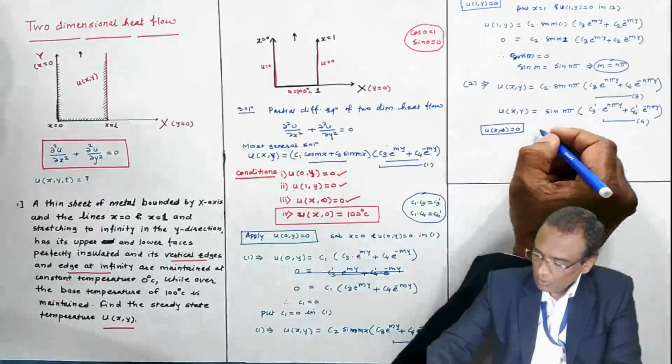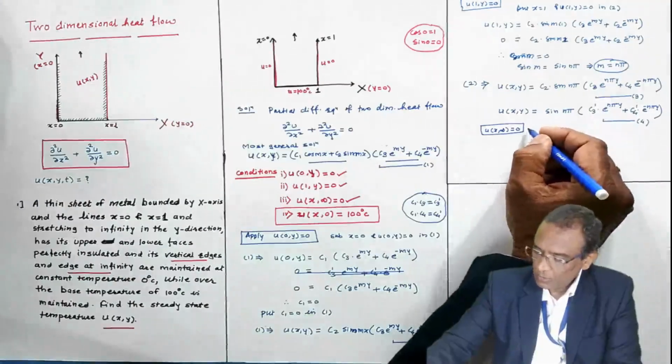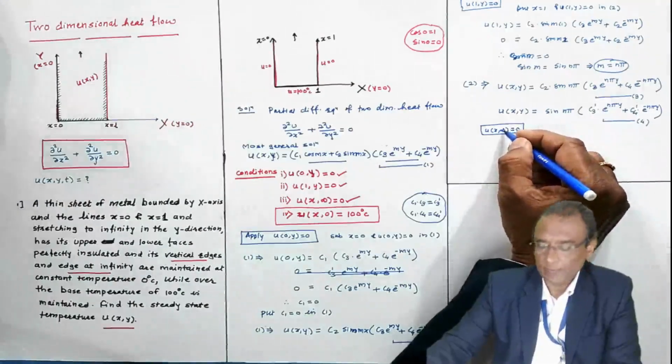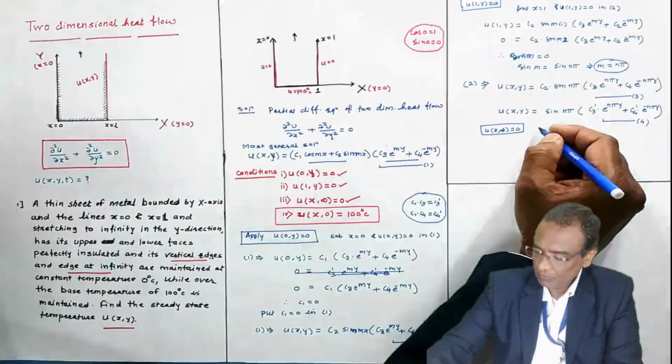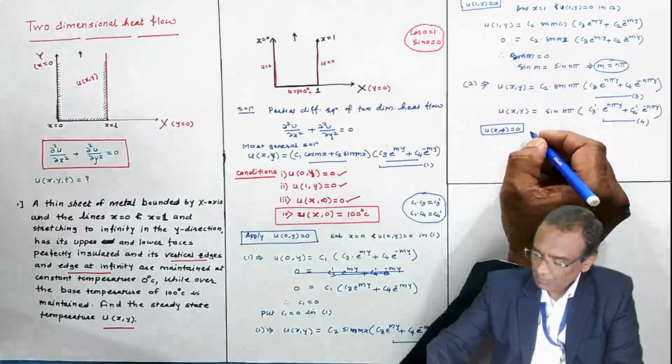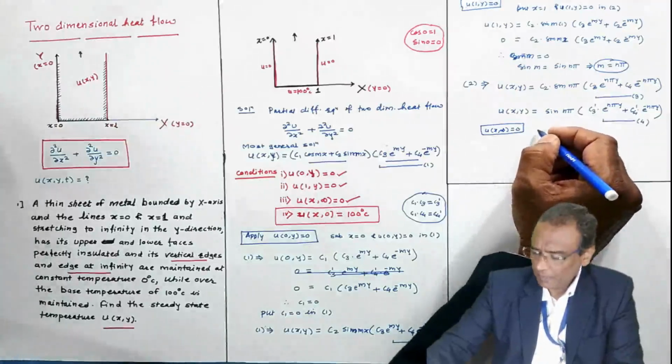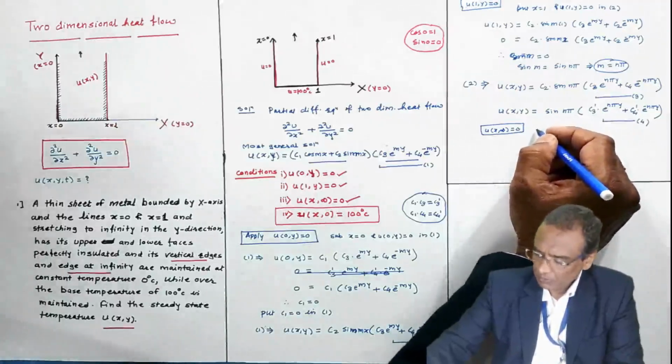Now substitute y equal to infinity. Normally in two-dimensional heat flow we take y tending to infinity, but for the safer side I will write y equal to infinity.